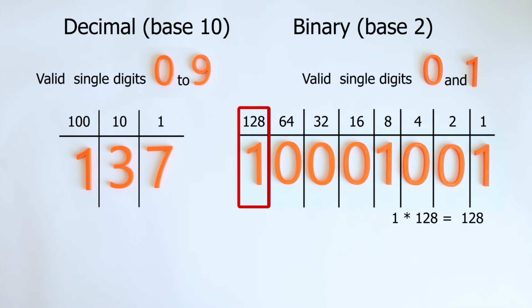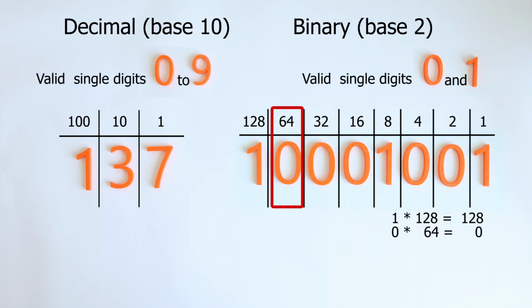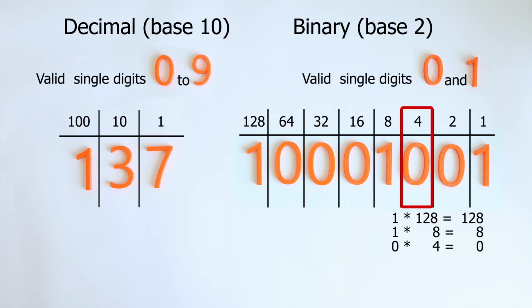So we have 1 times 128 which is 128, 0 times 64 which is 0, 0 times 32 which is 0, 0 times 16 which is 0, 1 times 8 which is 8, 0 times 4 which is 0, 0 times 2 which is 0 and 1 times 1 which is 1. When we add 128, 8 and 1 we get 137. I'll be releasing a full video on converting between binary and decimal and back very soon.